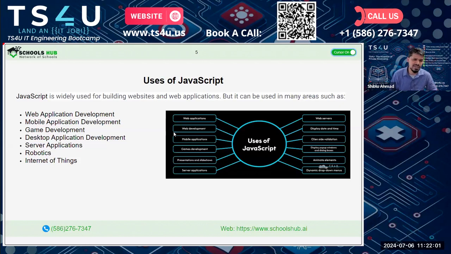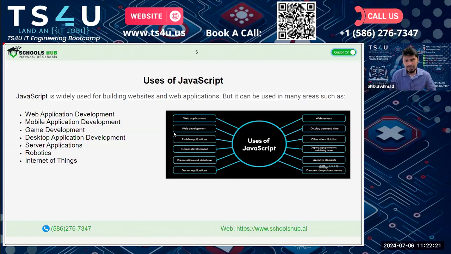Anything on the front end you can use. IoT, Internet of Things, JavaScript is not the best, but remember, anytime you build a device, you need the mobile app, the desktop app, and the website. JavaScript is the king, driving anything on the front end side.